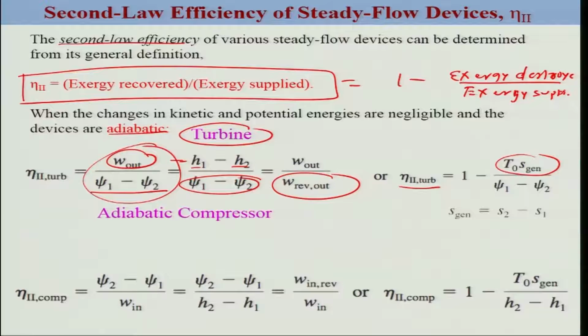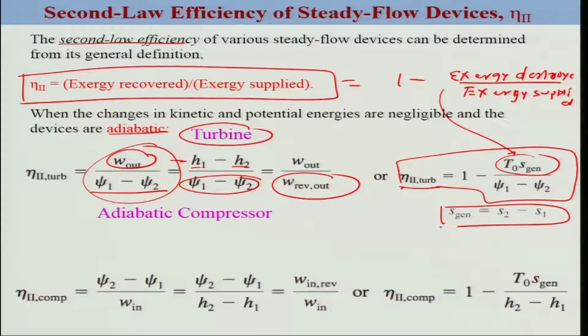Clearly, exergy recovered is nothing but exergy supplied minus exergy destroyed, and since exergy destroyed is T0 S generation, you can write your efficiency in this term. S generation is nothing but S2 minus S1 for the case of the adiabatic system which we have considered.